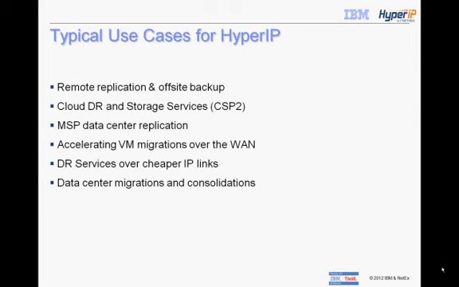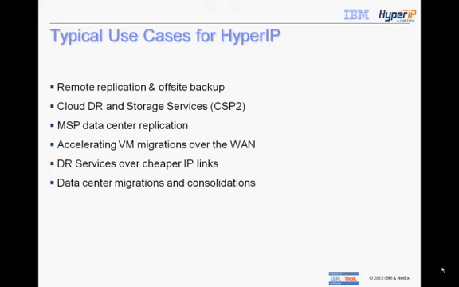If you're looking to outsource DR or storage services using maybe the IBM CSP2 platform or using an MSP service to an infrastructure as a service provider, if you're looking to move cloud storage, DR in a public or private or hybrid cloud off-site, HyperIP can enable that to be done much more efficiently and much more cost-effective.